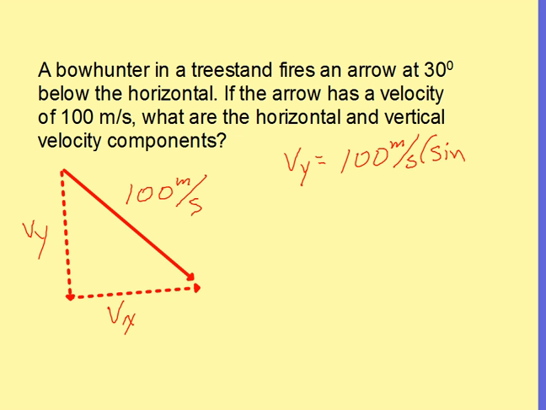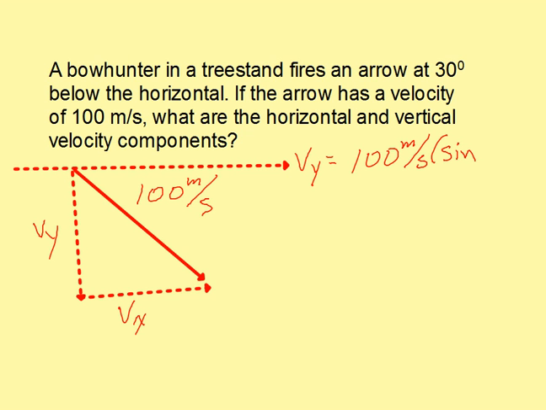Is it 30 degrees? Let's think about that for a minute. It says we shot this at 30 degrees below the horizontal. This is the 30 degrees they're talking about, and if we remember our geometry, the angle that we have to use is then 60 degrees, isn't it?